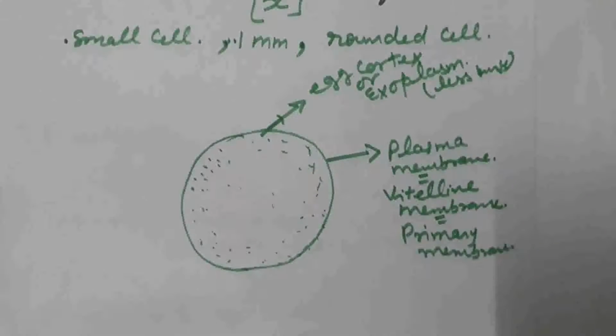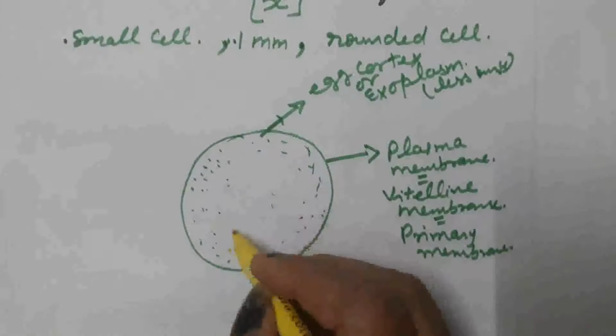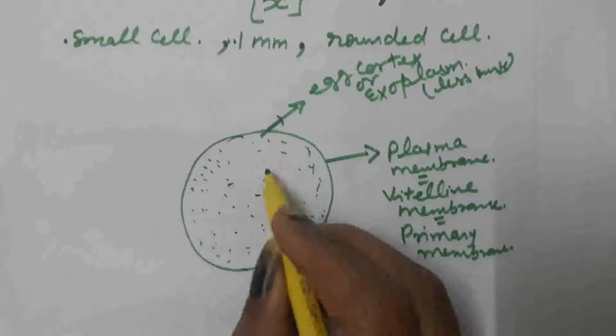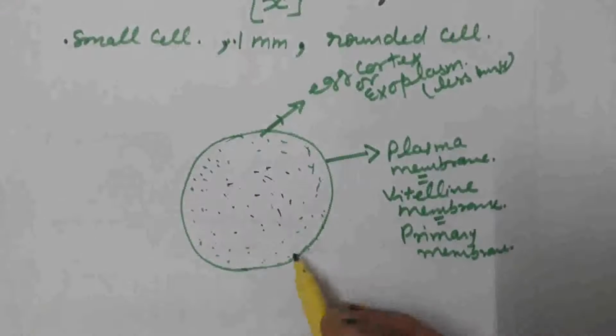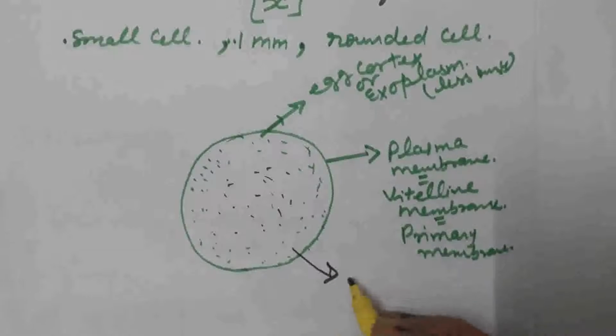The inner part of the cytoplasm is more dense, which is known as the ooplasm.